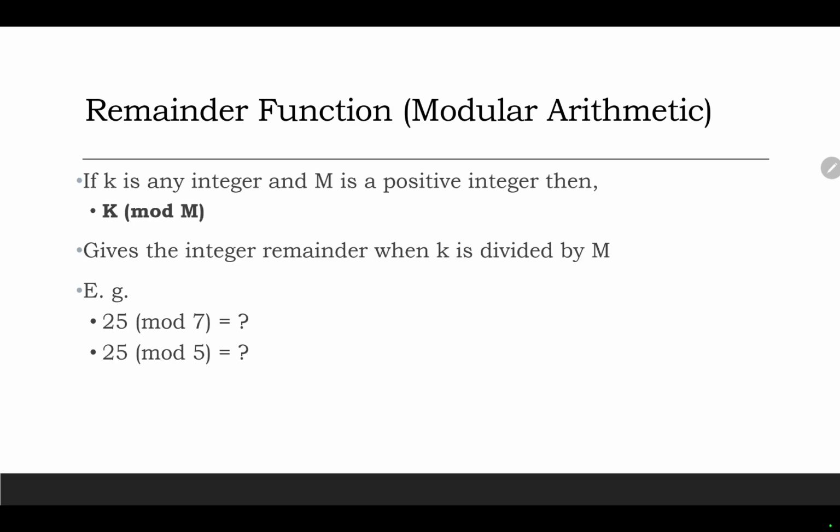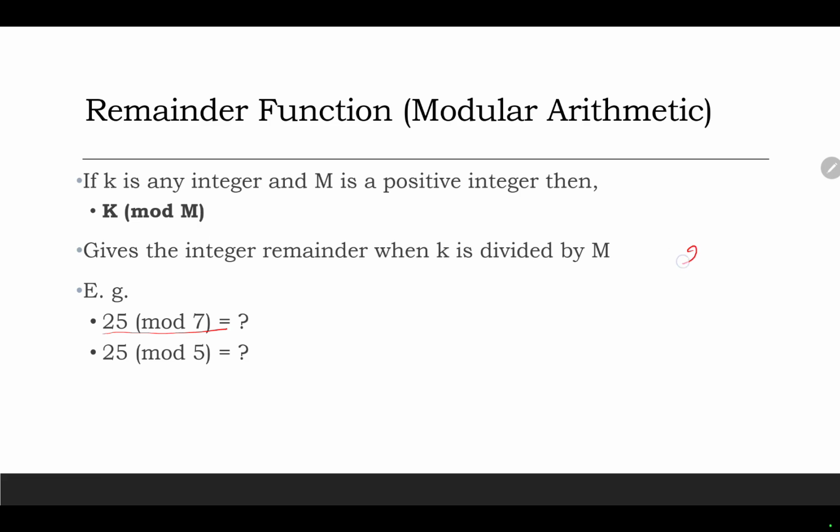The next one is the remainder function, which is modular arithmetic. If k is any integer and m is a positive integer, then we can write k mod m. It gives the integer remainder when k is divided by m. Here we have taken the example 25 mod 7.